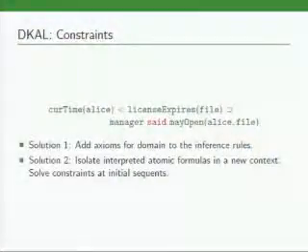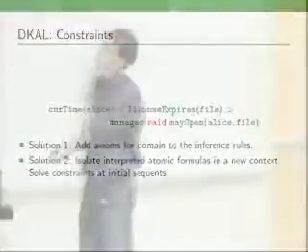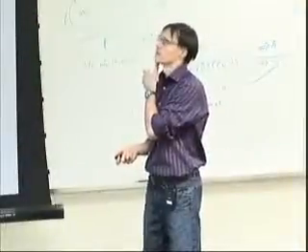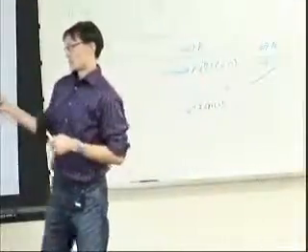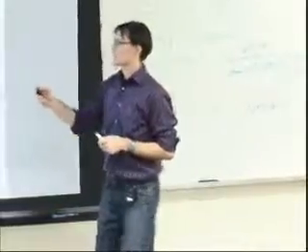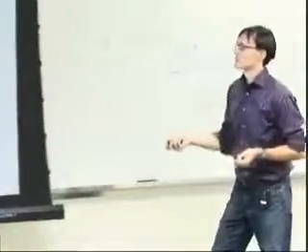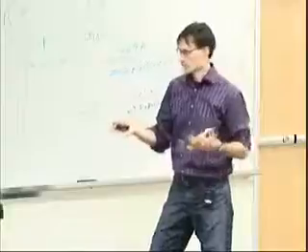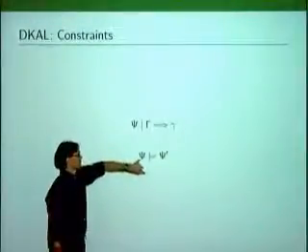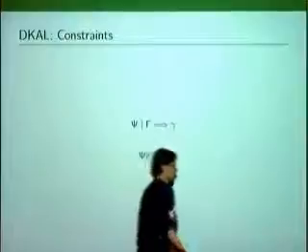Our solution, which my advisor and another student and I came up with, is to isolate the interpreted atomic formulas in a new context, and we solve these using some kind of external tool. So what we've got now is instead of a sequent like this, we add some constraints, and then we have a judgment where one set of constraints entails another.